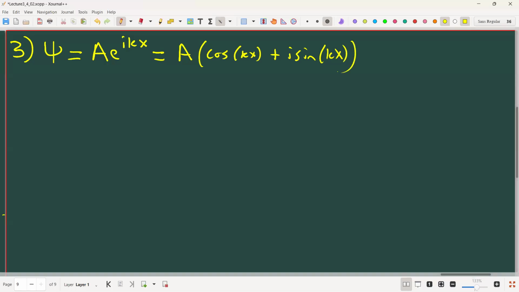So now what we have again is a sine wave, like the other function that we just looked at, but this is now a complex function. It's got longitudinal oscillations, the cosine wave, and transverse oscillations in the other plane, the imaginary sine.